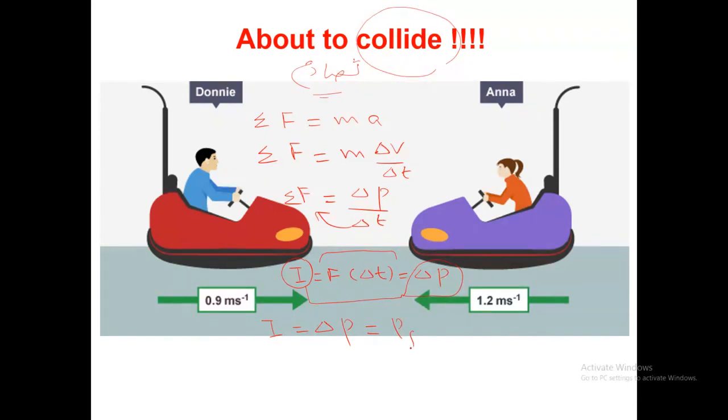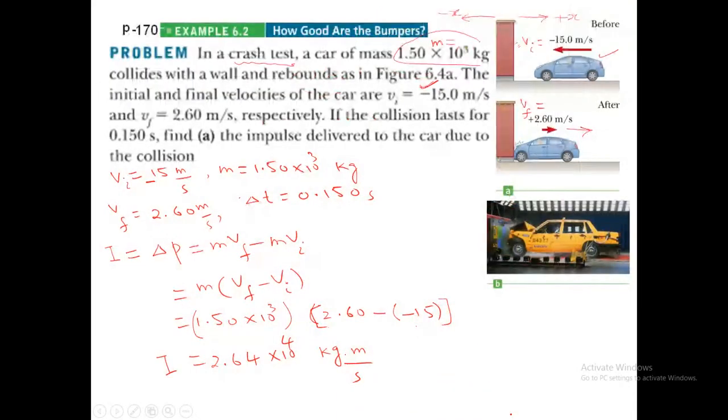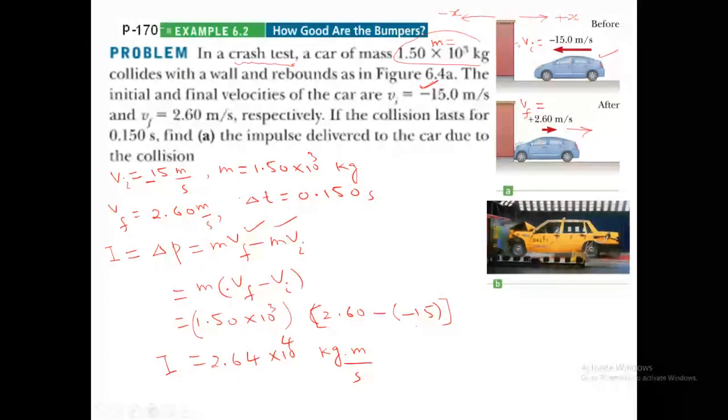Delta p means final momentum minus initial momentum, means m multiplied by vf minus m multiplied by vi, because momentum is equal to m multiplied by v. So m is common, so vf minus vi multiplied by m is equal to impulse. This is what I am using in this example. You get the point?